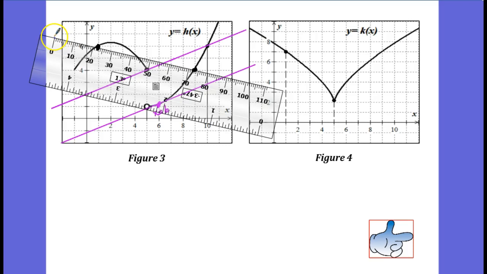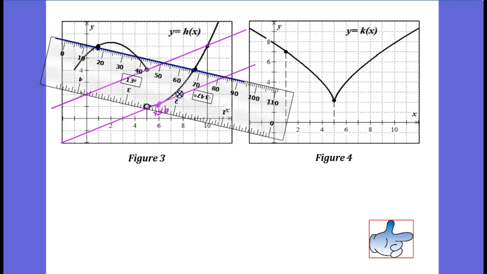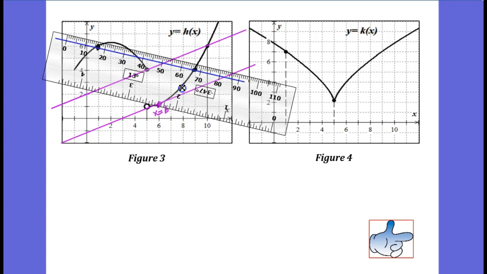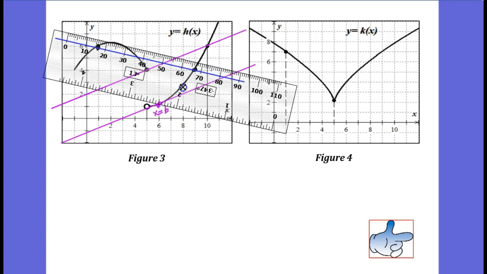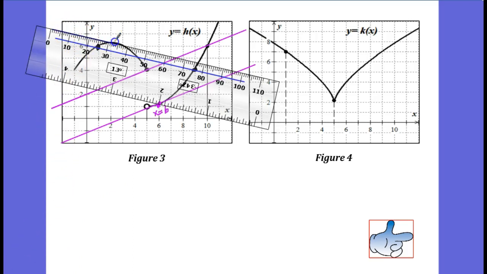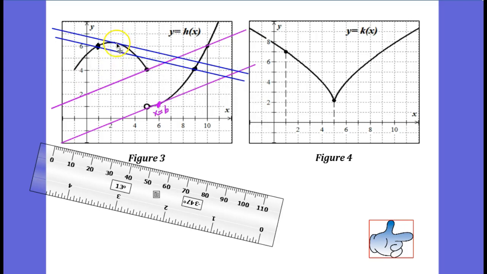And so we can sketch our secant line through these 2 points, and then keeping our straight edge parallel, let's sketch a tangent line and see where it's located. So here we have our tangent line. Now this point of tangency appears to be located at about x equals 2.5. So let's put a point there, and we'll label that x equals 2.5.